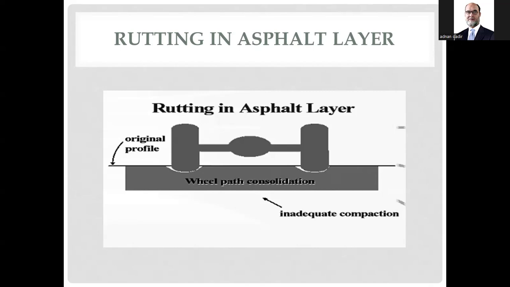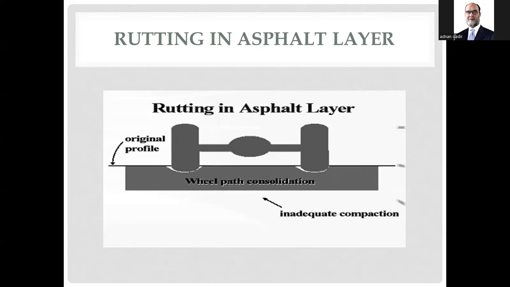The plant is too far away, and when I transport it, the temperature becomes less. Or maybe there is a problem with the mixer machine. Somebody has failed to check whether this mix has been made at 150 degrees centigrade, or it may have been mixed at 120 degrees centigrade. And consequently when it reaches the site, it falls below 100 degrees centigrade.